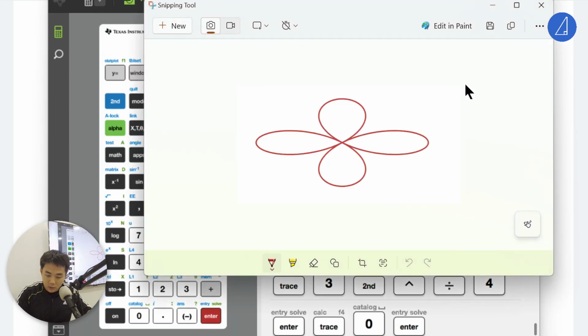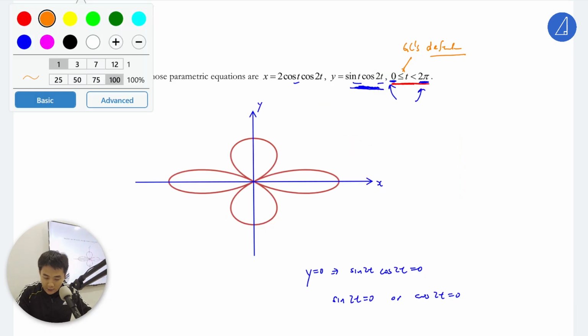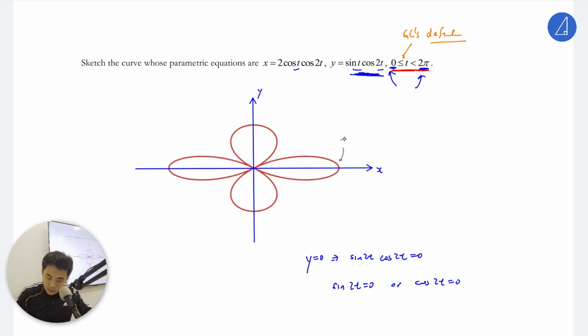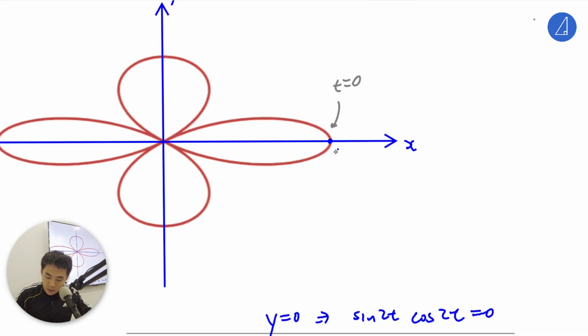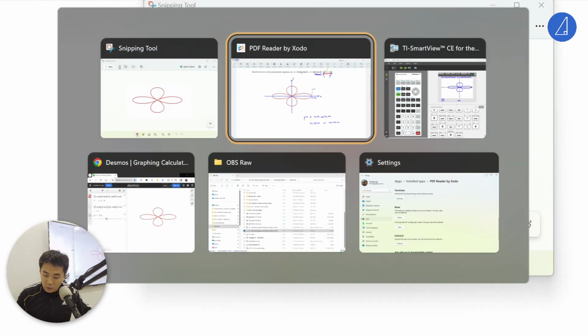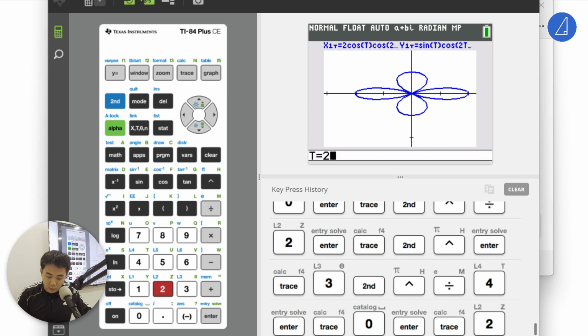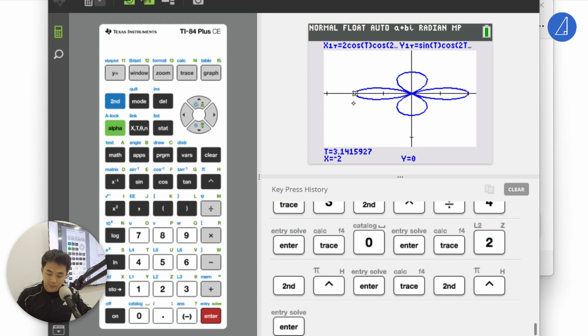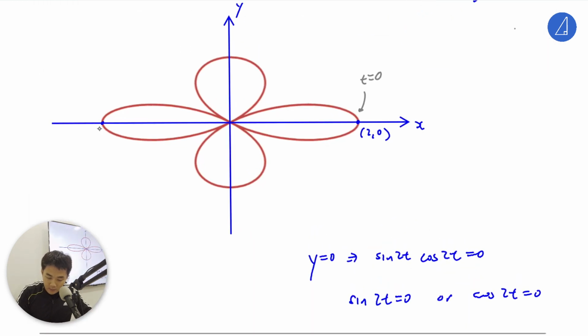So you know this point here is t equals to 0. Okay, and this point is 2, 0 from the GC. Then you trace 2 pi, right? 2 pi will be still this point here, the same point, but you don't need that. So you trace pi, you get this point, negative 2, 0. So you know that this point is negative 2, 0.